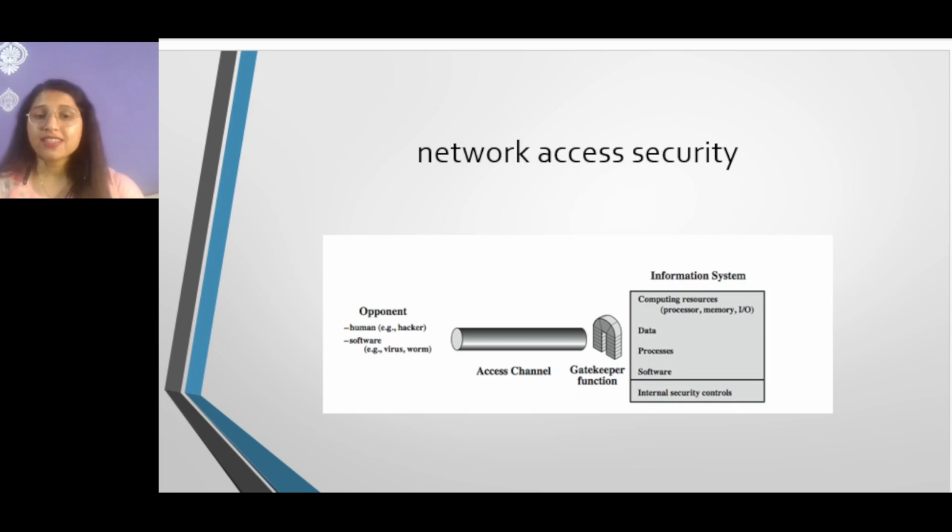Various kinds of threats to the information system, like unwanted access, can exist. Hackers will try to penetrate the system and break it. So all kinds of threats exist whenever you share your data across the channel.